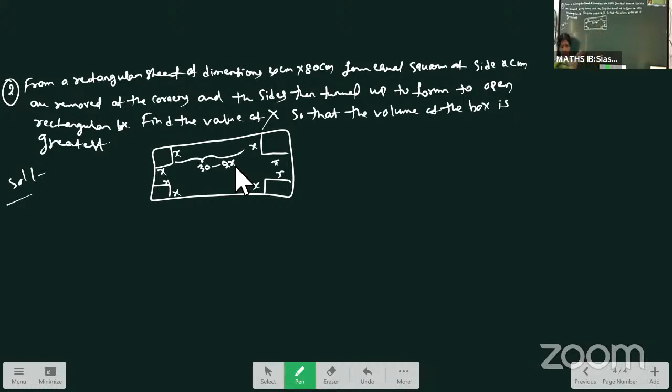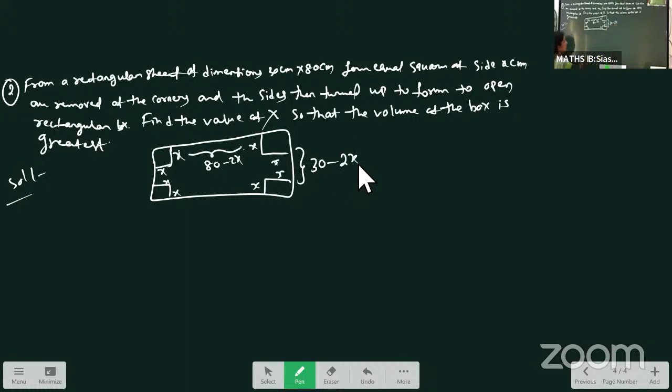And breadth, how much is given? 80 centimeters is given. So it becomes 80 minus 2x. The left out part along the length is 80 minus 2x, and along the breadth is 30 minus 2x.